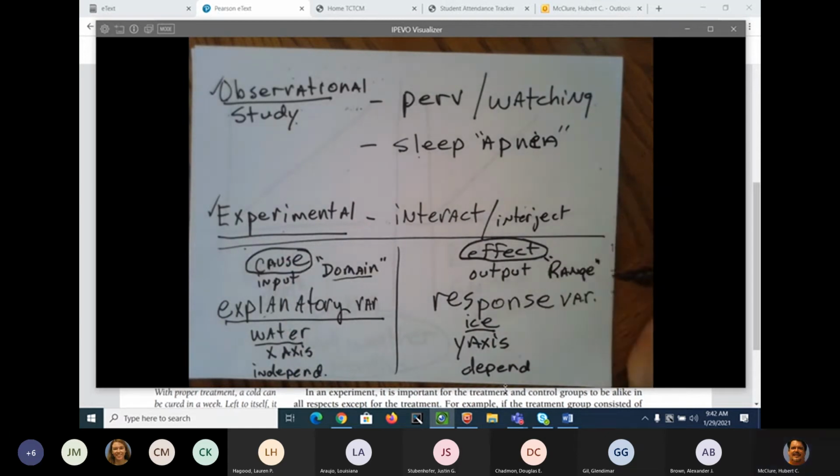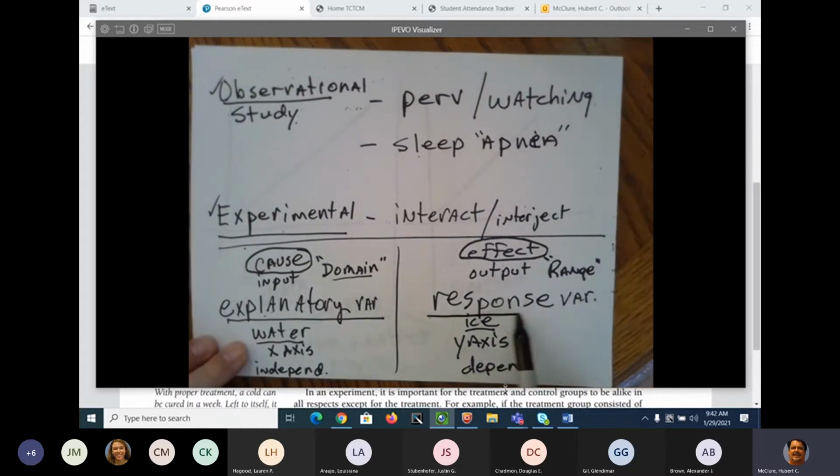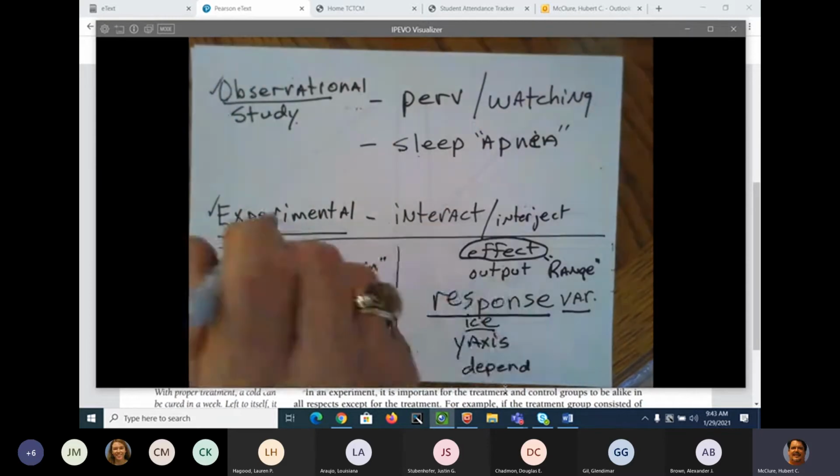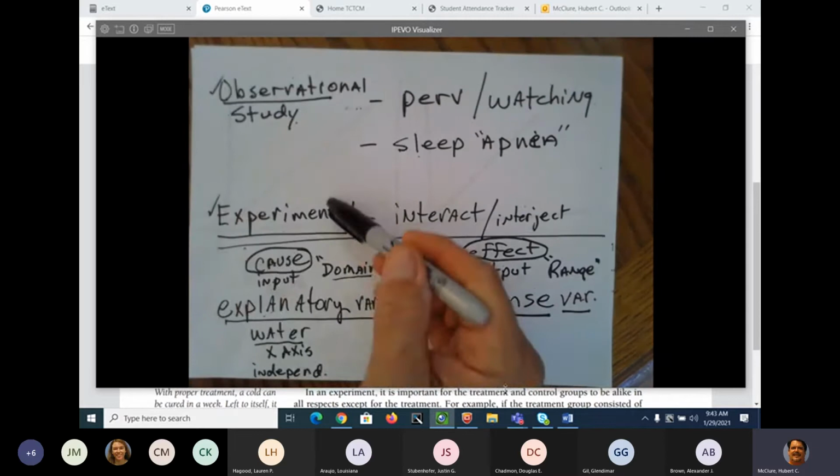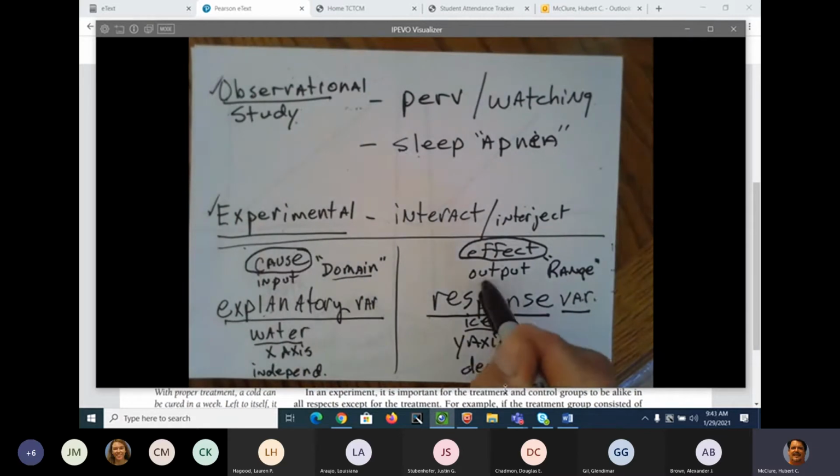Output is called the range, and in statistics, it's called the response variable. And it is usually the dependent variable. So make sure you understand that with an observational study and experiment, they both have cause and effect.